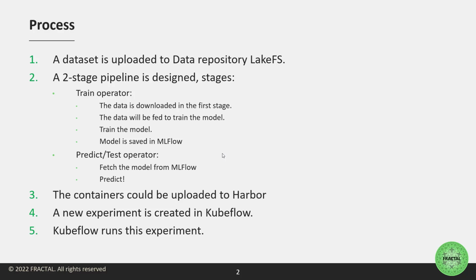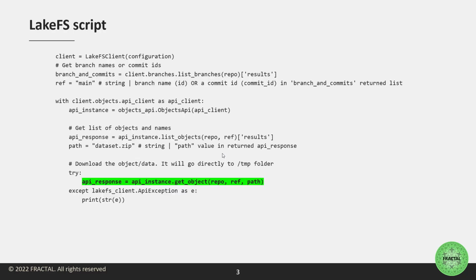The containers related to this pipeline can be uploaded to Harbor, but what we want to focus on in this demo is how we can create an experiment in kubeflow and how we can run this experiment in kubeflow. So let's have a quick look at the script.